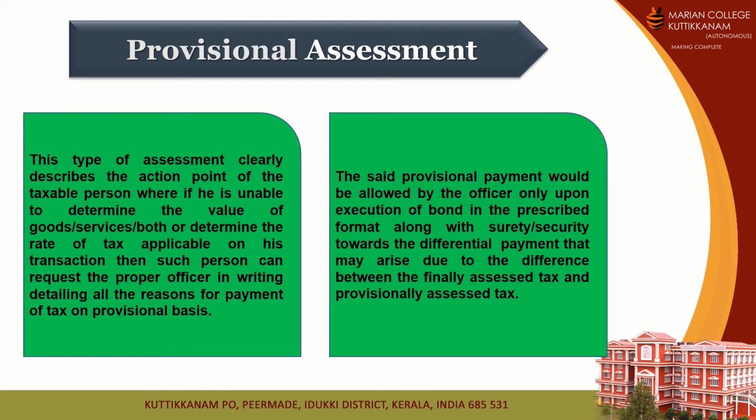So the taxable person may request the proper officer regarding payment of tax on a provisional basis, and the proper officer agrees only if there is an execution of bond along with a surety or security. This makes sure that the taxable person is liable for the difference between the amount of tax finally assessed and the amount of tax provisionally assessed.